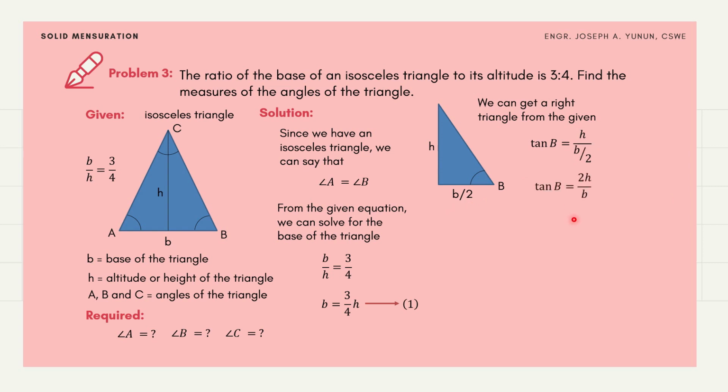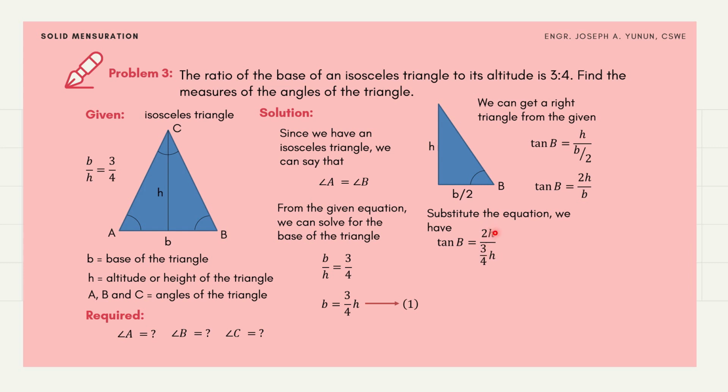Now simplifying, tangent of angle B is equivalent to twice the height all over b. Now I have a value of b, which is this one, so I'll substitute the equation we have. You have now tangent B equivalent to 2h, and b, based on equation 1, is equivalent to 3/4 of the altitude, as shown here.